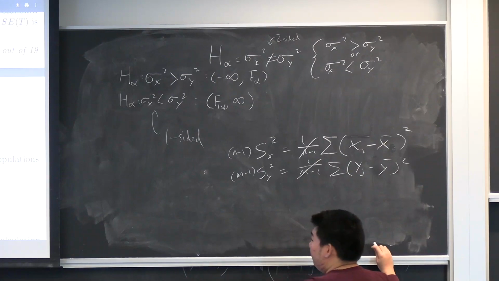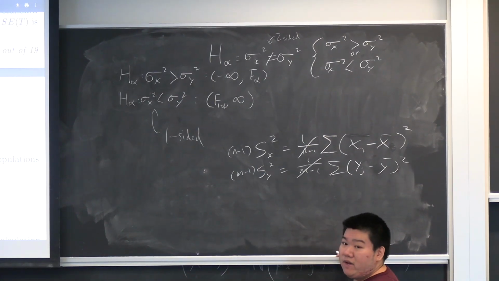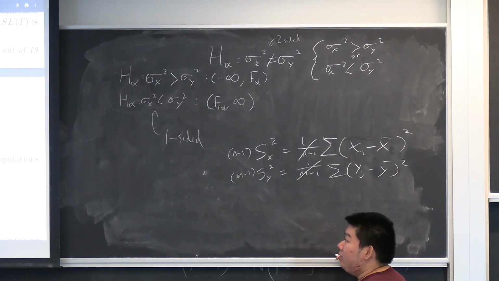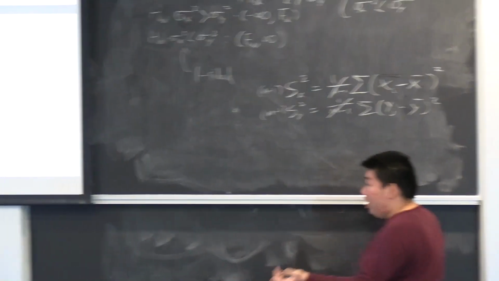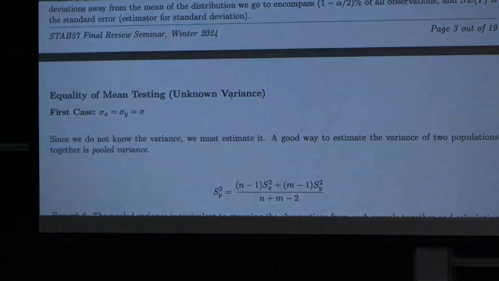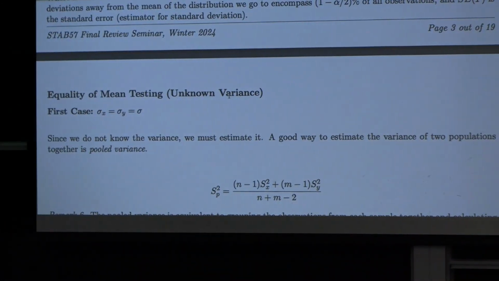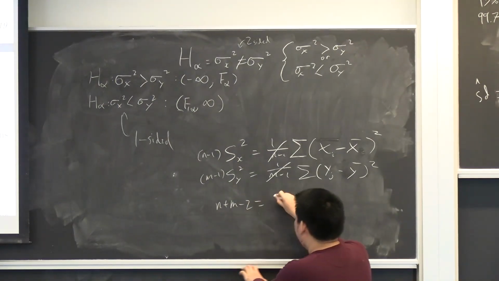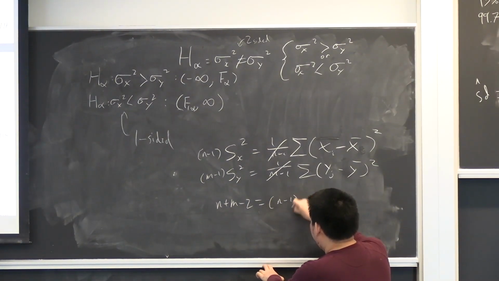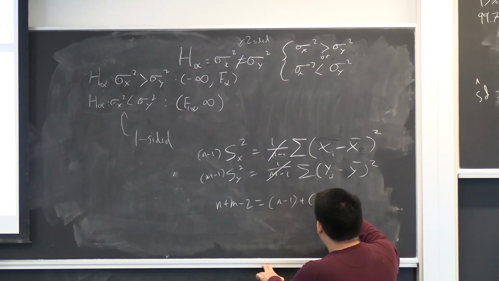And now, if we combine them, we actually have a population of n plus m, right? And then to account for unbiasedness, we're subtracting 1 from each. So that's where that n plus m minus 2 is. Recall that n plus m minus 2 is just equal to n minus 1 plus m minus 1.